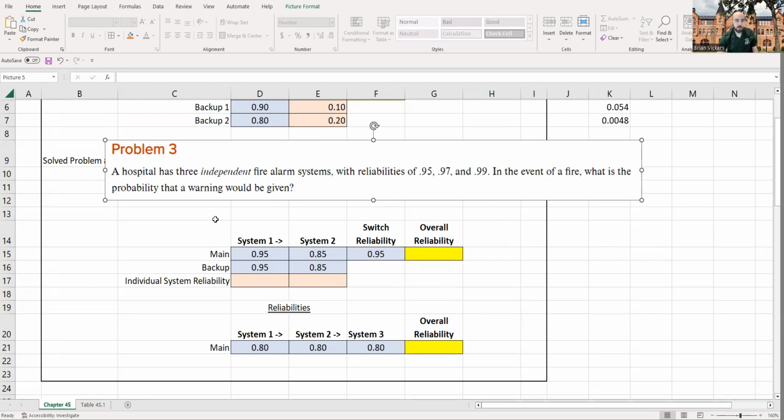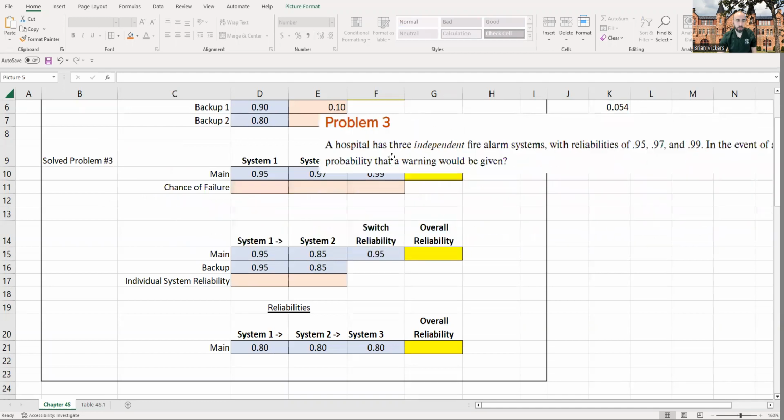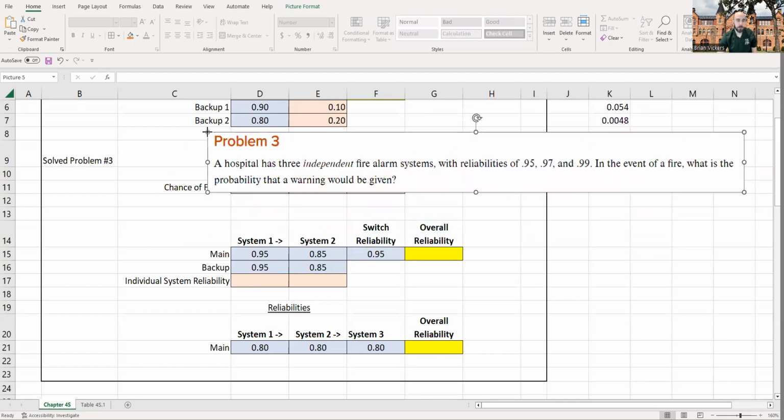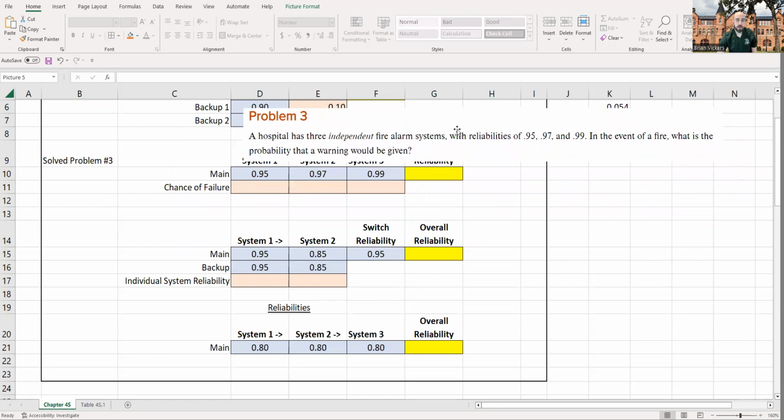If there was a fire, what's the chances that a warning would be given? So this doesn't require a backup for one of them. This just requires the likelihood that any one of these systems would fire, okay? And so it is similar to a backup, but whenever you have multiple backups, you get to do something special.